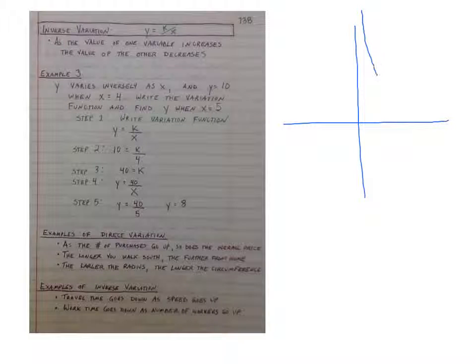On page 73b, we look at another example, but this time we're going to use inverse variation. And inverse variation says as the value of one variable increases, the value of the other decreases. So as x gets bigger, our y value is going to get smaller.